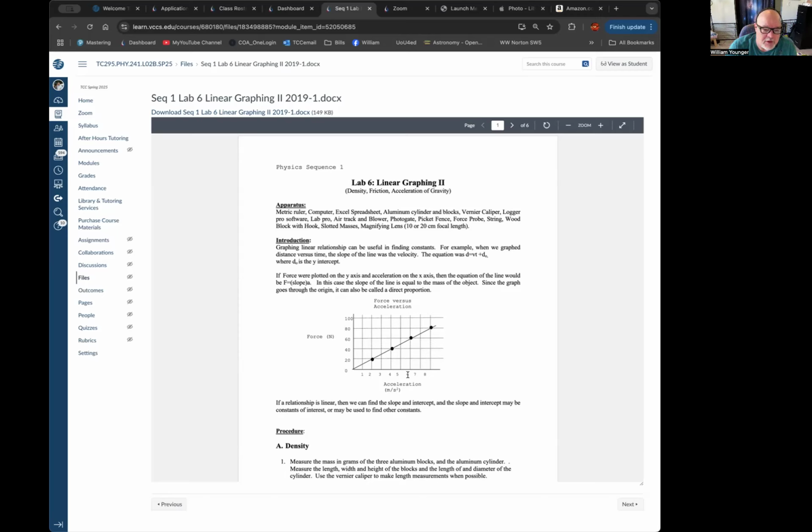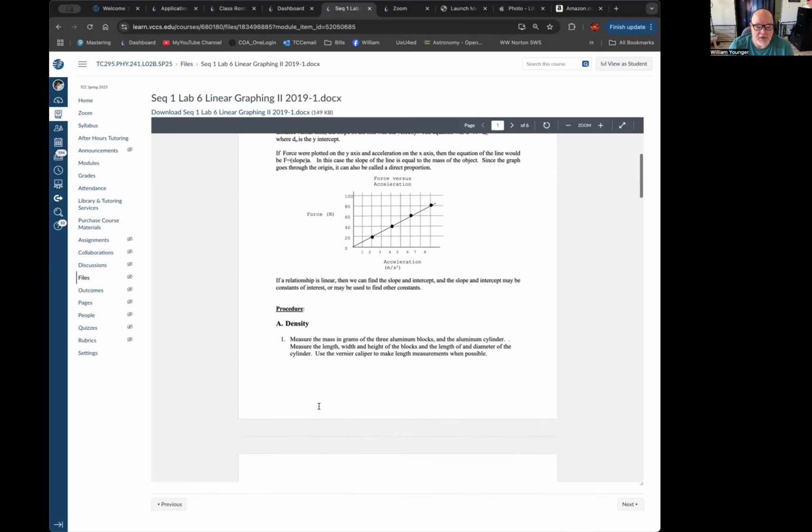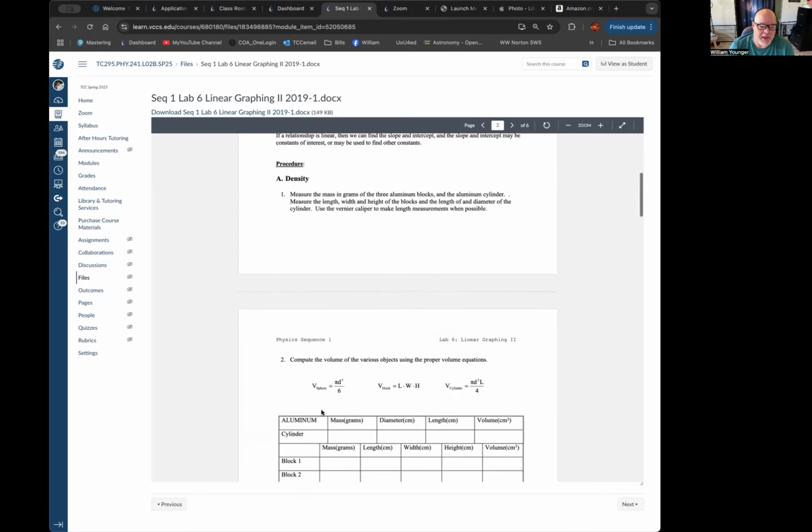But the big thing we're talking about here is we're going to use specific data to, for instance, determine the density of aluminum. In principle, you would be measuring spheres or rectangular blocks or cylinders made out of aluminum, and you'd be measuring them with a vernier caliper so that you could get very precise data.